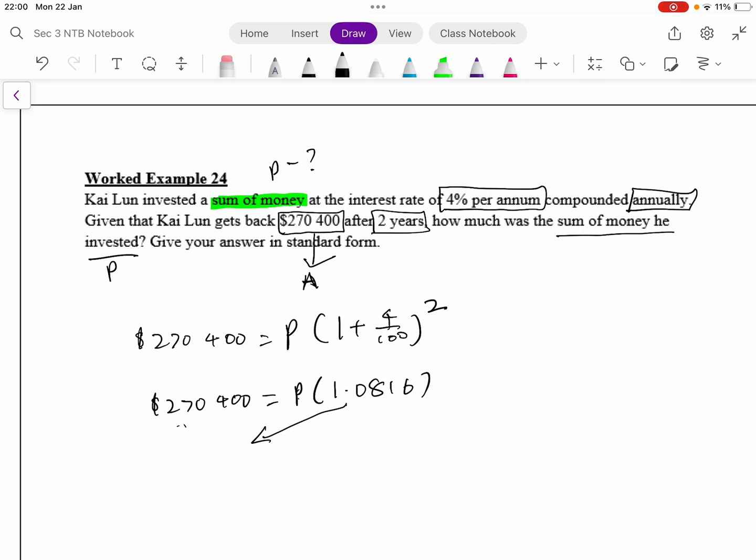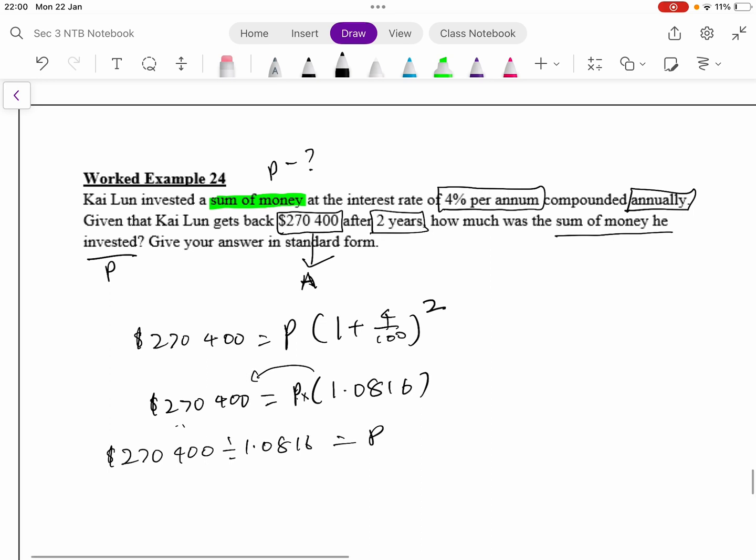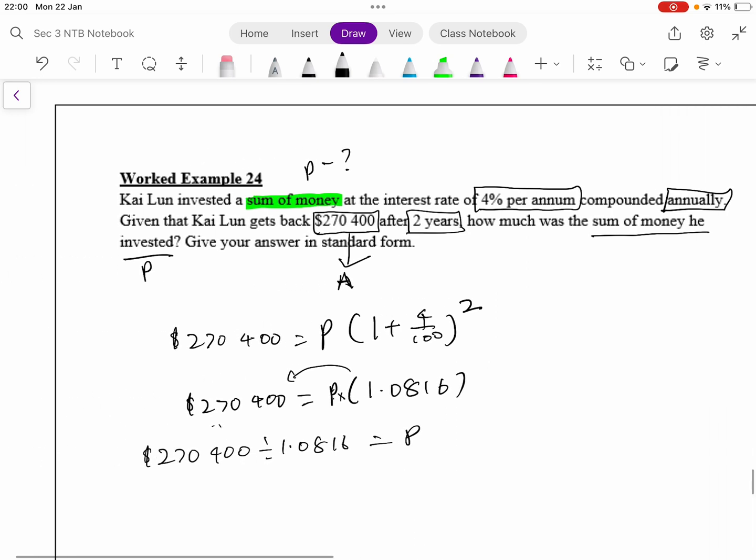So when you bring it over, it is 270,400 divided by whatever you bring over. Whatever you bring over always becomes the one at the back. The bracket means times, so when we bring this over, it reverses from times to divide, put at the back.